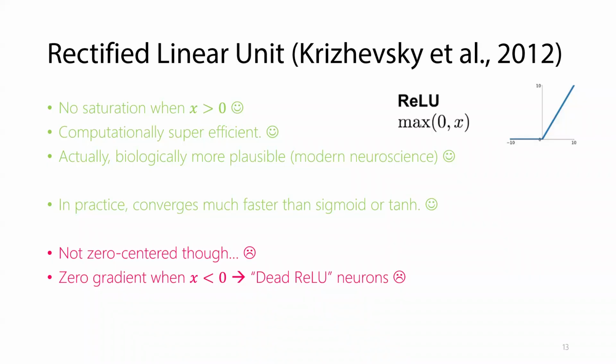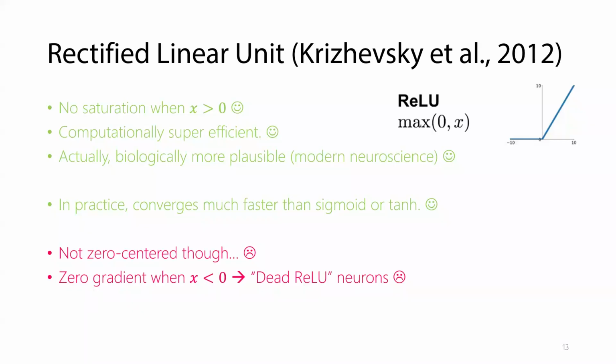So in terms of the graph shape, this is what it looks like, all right? Now, the nice thing about ReLU is that as long as the value is positive, we always have gradient, okay? So that problem with sigmoid and tanh is gone. As a matter of fact, this activation function was designed and proposed for that reason, because AlexNet was the first attempt to revive the deep convolutional neural network, right?